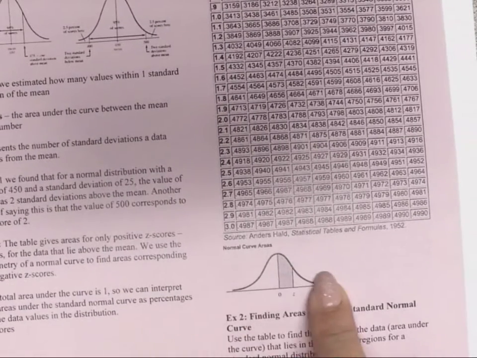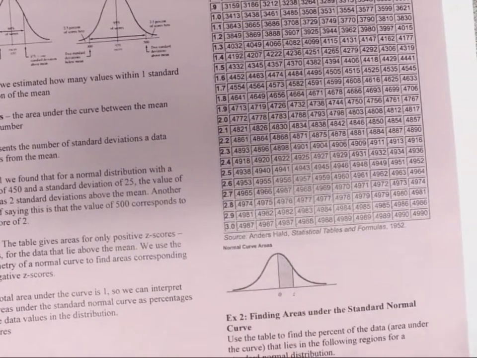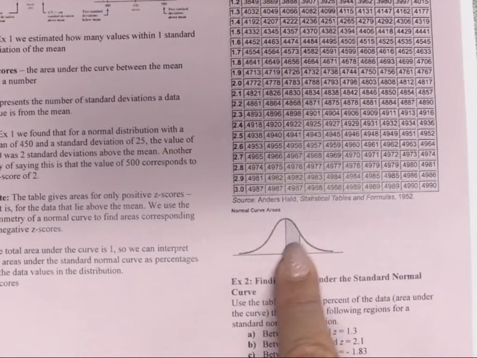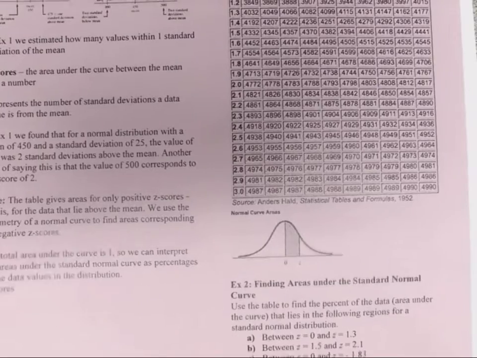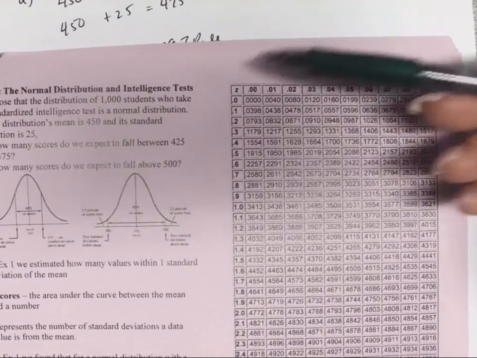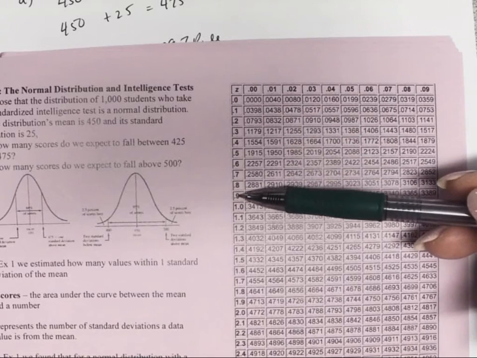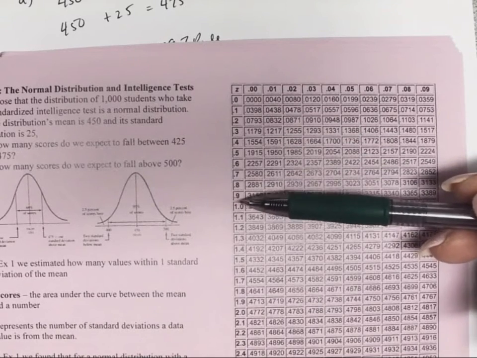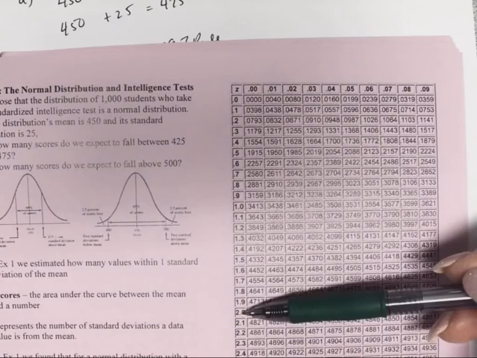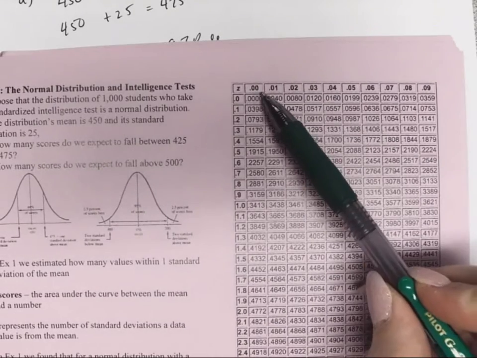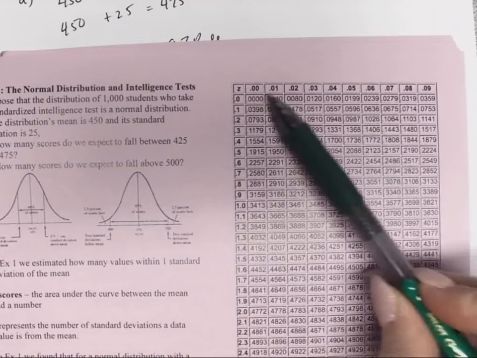So here's our normal curve area right here. If this was like a 0 to a z, that's what we're talking about, the area under the curve. On the chart, z goes from 0.0 all the way down to 0.9, and then it goes from 1.0 to 1.9 and 2.0 to 3.0. When you have a third digit, you find that the third digit is up here.